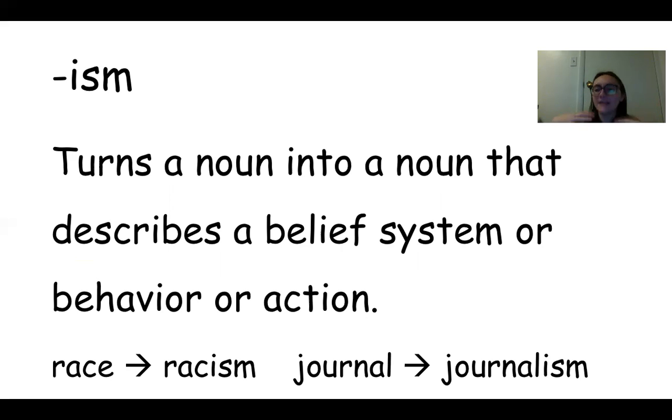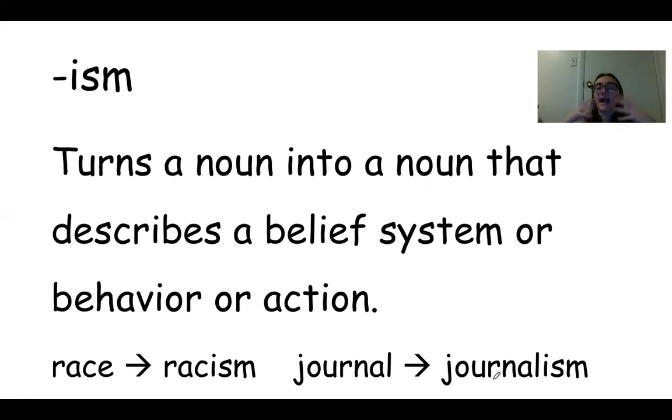So it's the way somebody thinks. So when you say race and you turn it into racism, racism is the belief that one race is better than another, right? Journal, turning it into journalism. Now this one's a little bit different, right? Journal. What does a journal mean? Journal means to write things down that are happening, right? Current events.